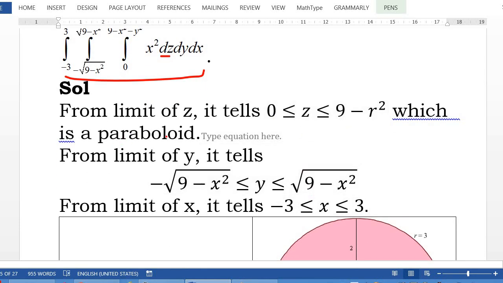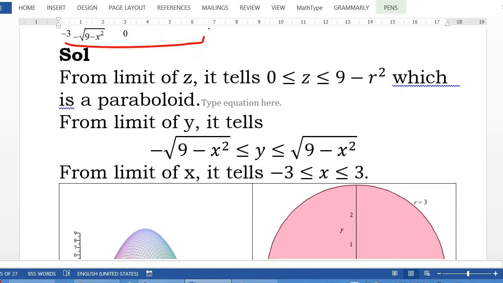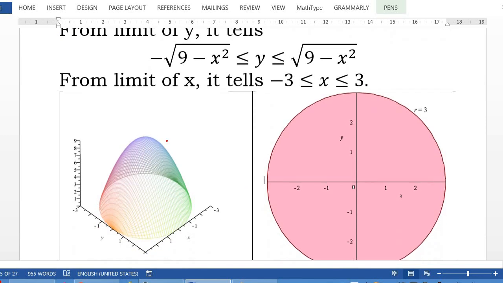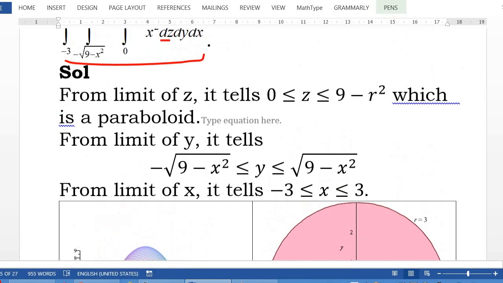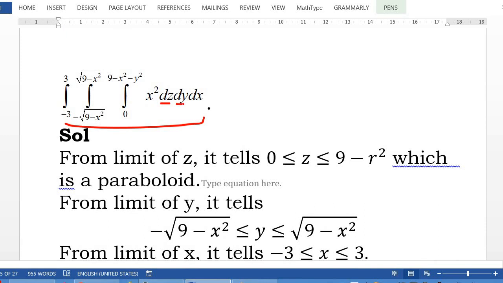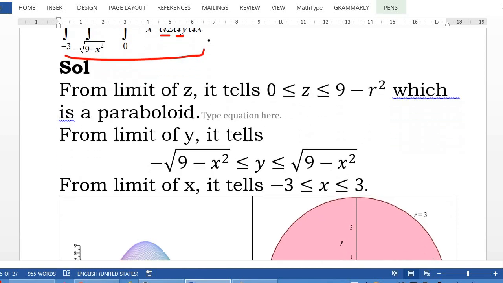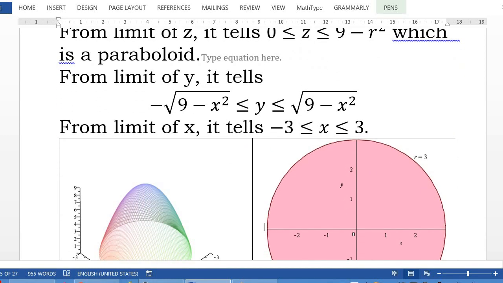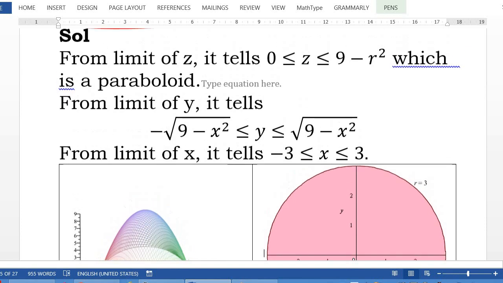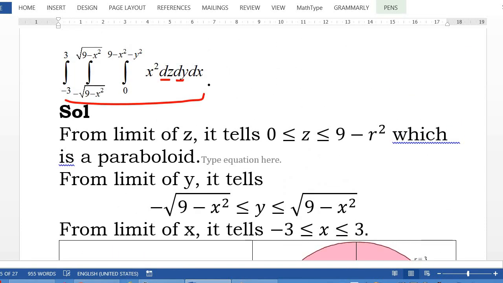This is actually a paraboloid, with maximum point z equal to 9. And for the limit of y, it is from negative root of 9 minus x squared up to positive root of 9 minus x squared. And the limit of x tells us that x is from negative 3 to positive 3.